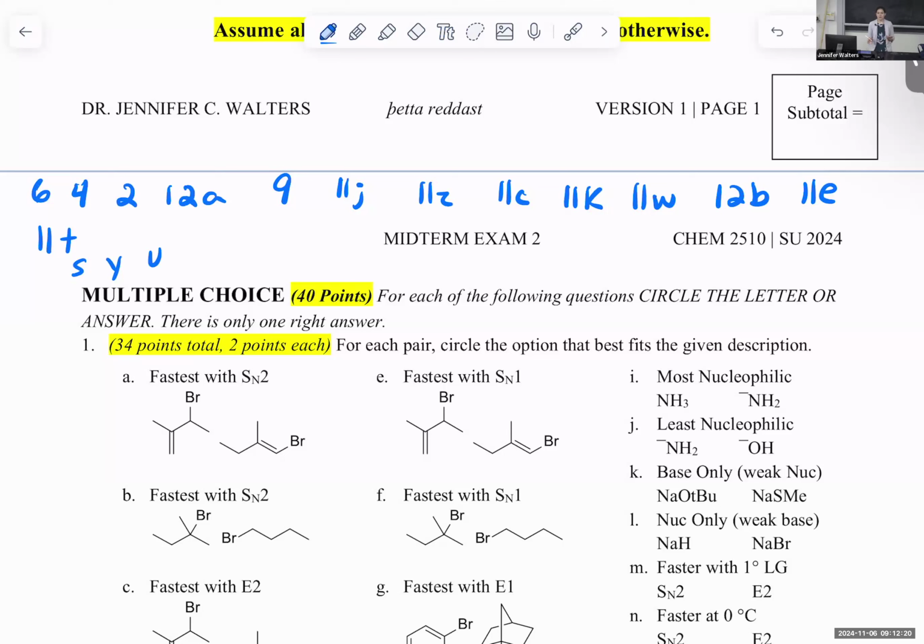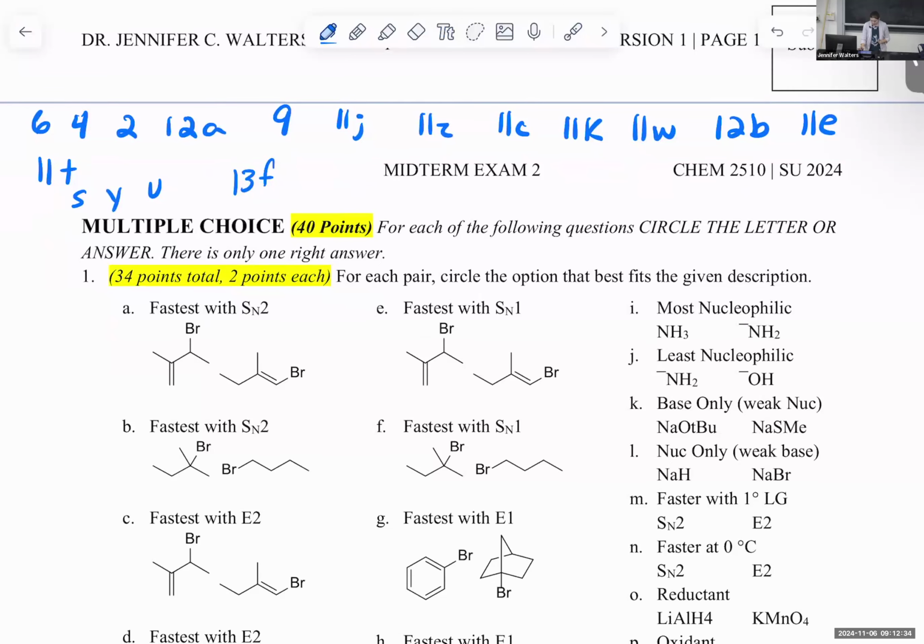Are these our main ones that we want to focus on? As we go through them, if you have more questions, we'll do them. I'm going to just go in order. We'll do 2, 4, 6, 9, and then we'll go through our 11s, and then we'll do 12, 13.